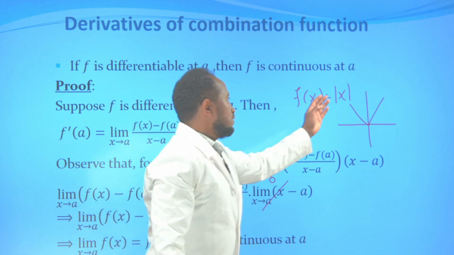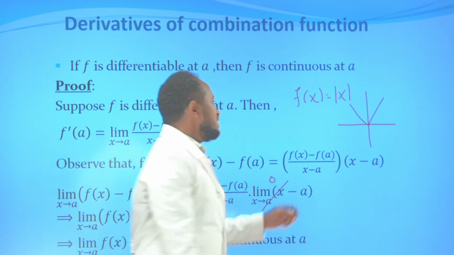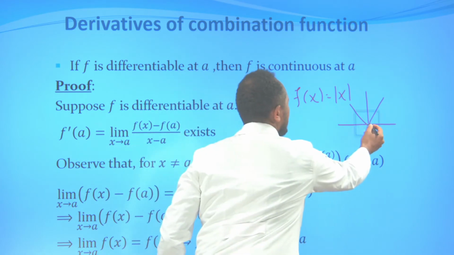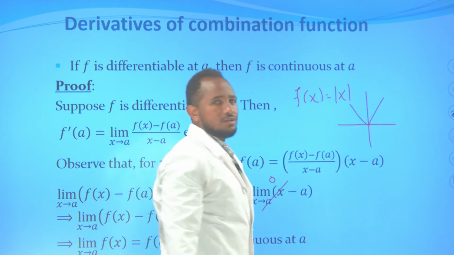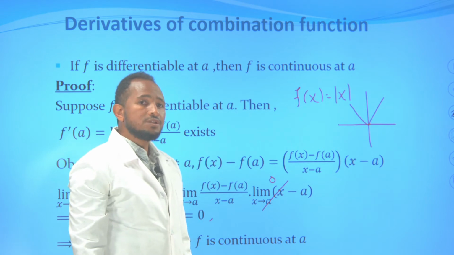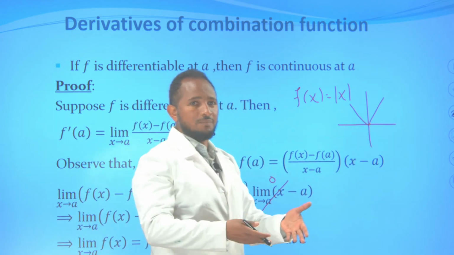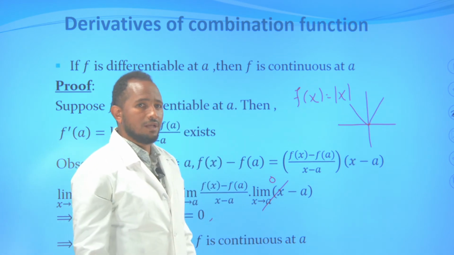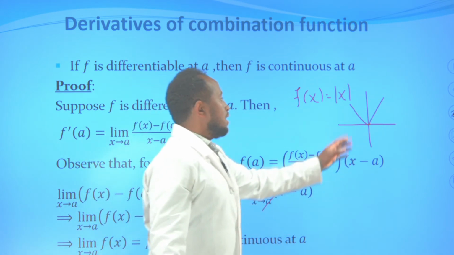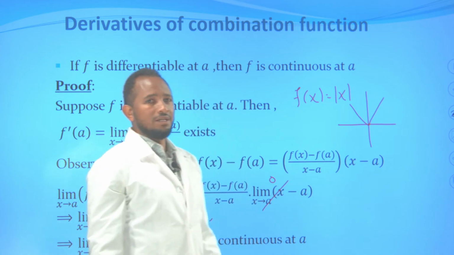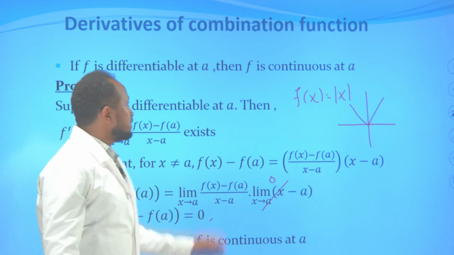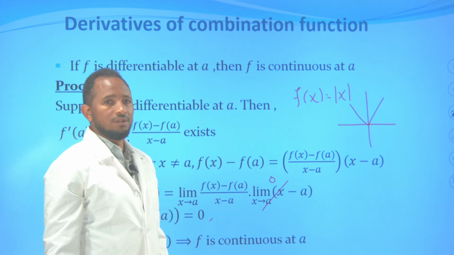F of x equal to absolute value of x is continuous at x equal to 0, but it's not differentiable at this point, since the graph has a sharp corner. Therefore, continuity does not imply differentiability, but differentiability implies continuity. So this is it.